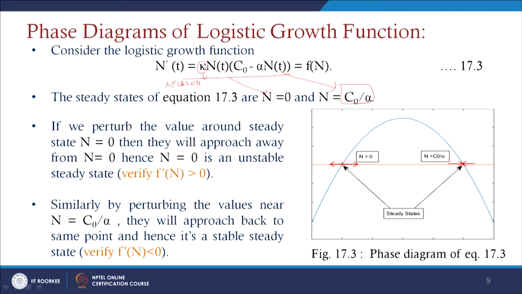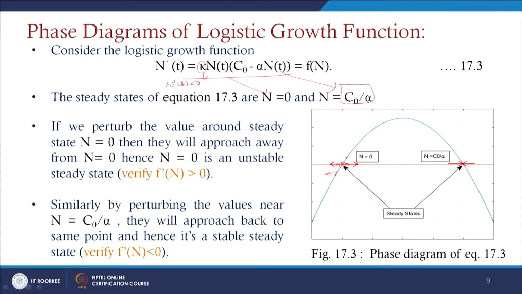At N equals 0, if we perturb to any value, then on the right hand side it is a monotonically increasing function. So, it will keep increasing and will not tend back towards the point N equals 0. On the other side, it is a monotonically decreasing function, so it will go further outwards. That is why N equals 0 is an unstable point.